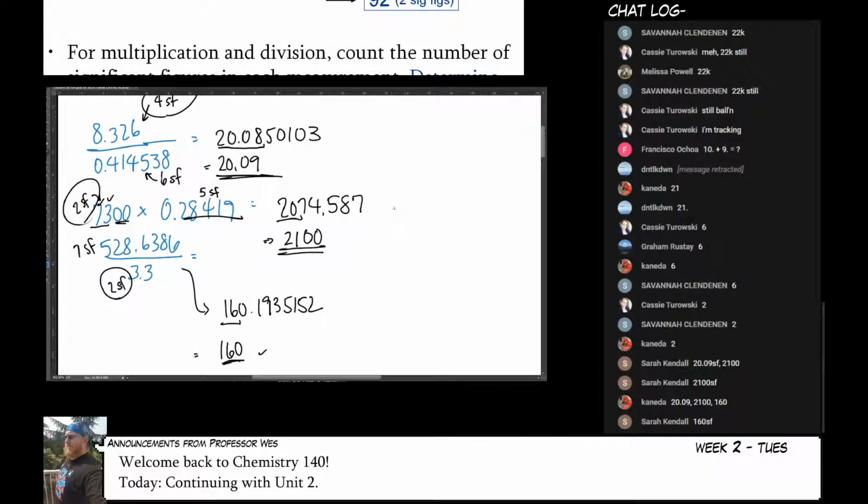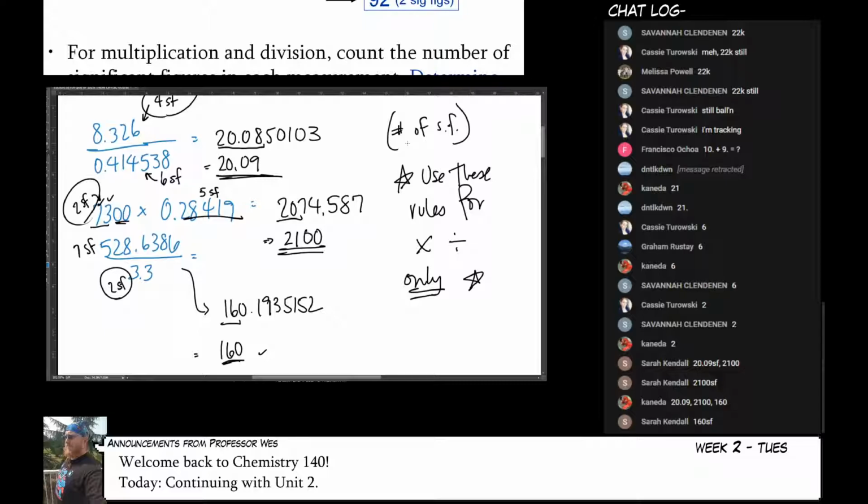All right. Very important. Use these rules for multiplication and division only. Okay? When I say these rules, what I mean is the number of sig figs.